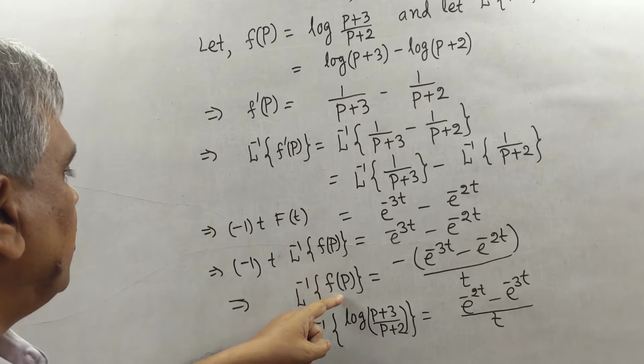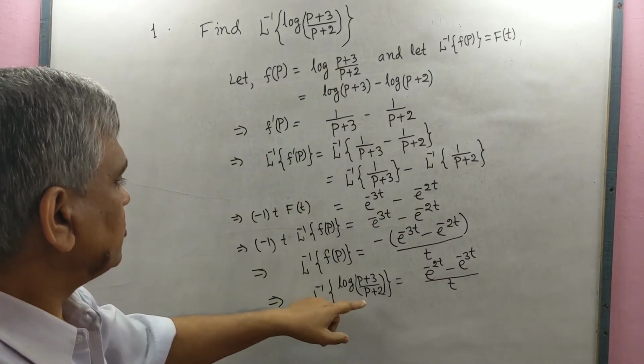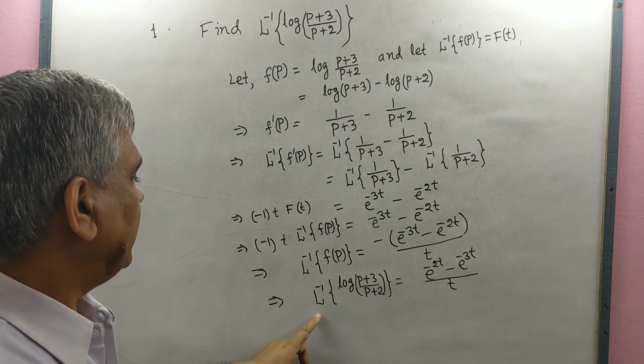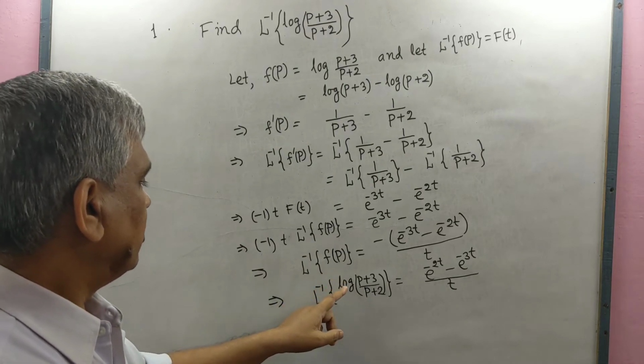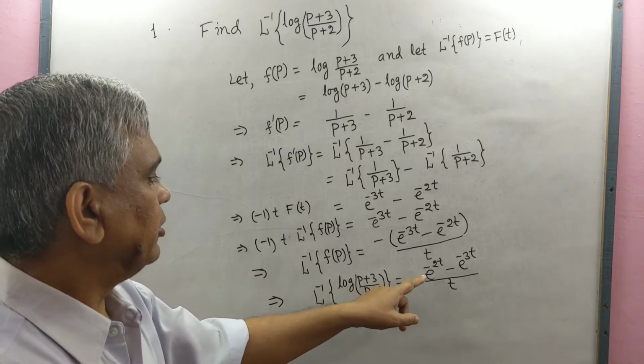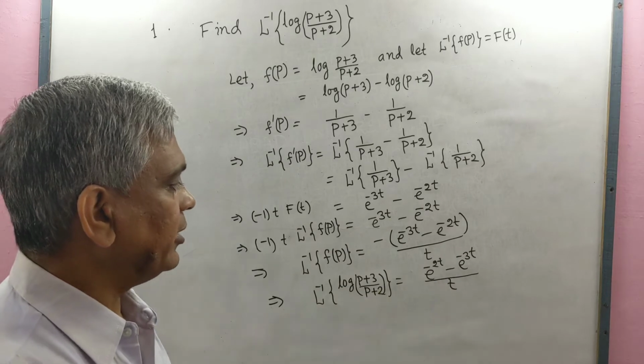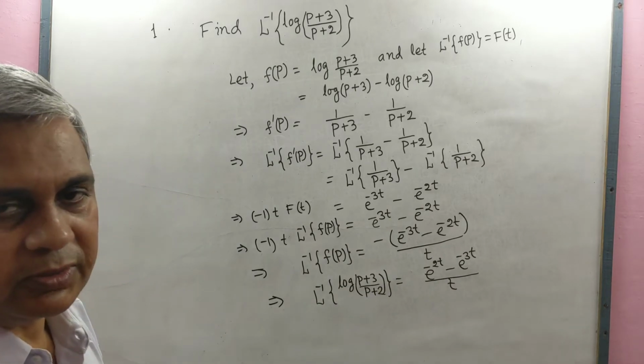So putting the value of F(p) equal to log (p+3)/(p+2), we get L inverse log (p+3)/(p+2) equal to (e to the power minus 2t minus e to the power minus 3t) by t. This is the required solution.